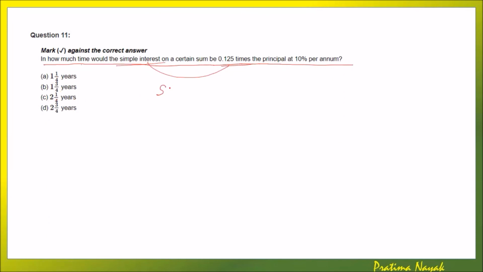That means SI is 0.125 multiplied by P, and R is equal to 10%. And your question is about time, and principal is P, sum is P.